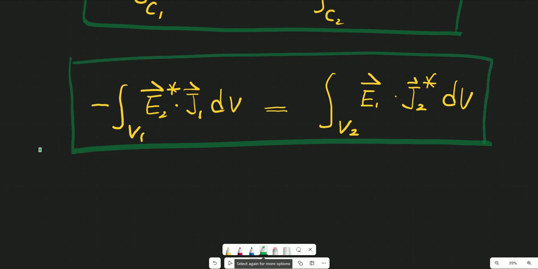At the same time, it is the mutual energy theorem.